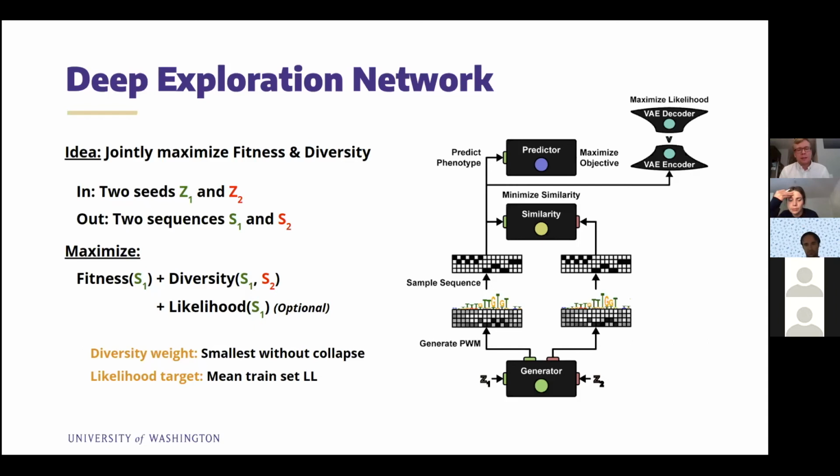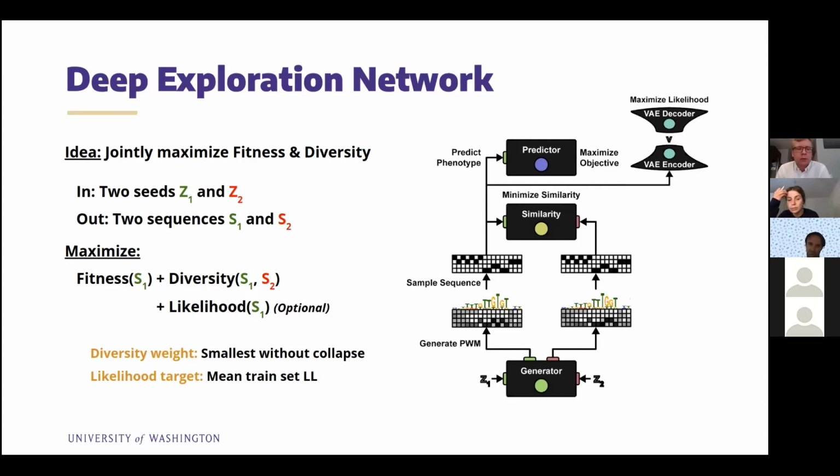So what this means is essentially trying to maximize the fitness of this generator, and that turns out to be finding the smallest weight of this diversity term without having the generator mode collapse. If the diversity weight gets too small, the whole optimization scheme collapses and the generator only learns to produce one sequence. It fails.